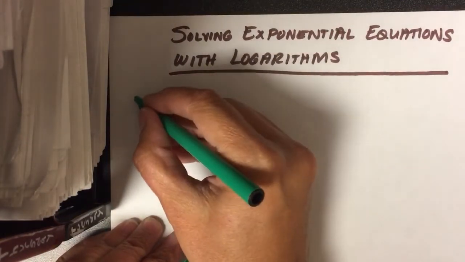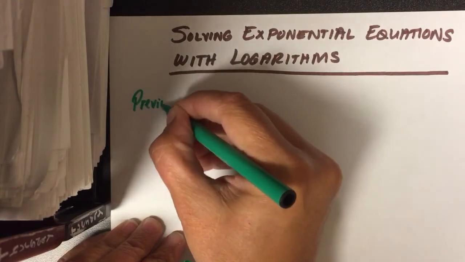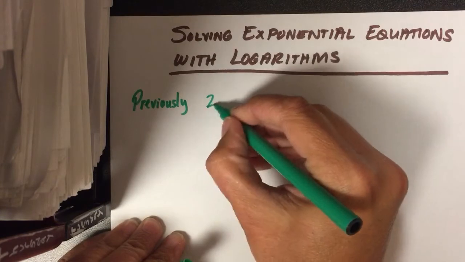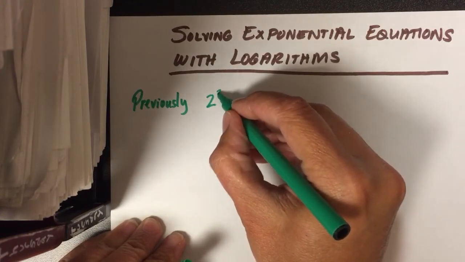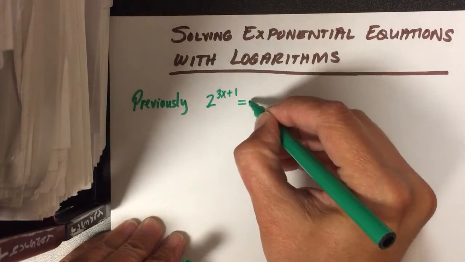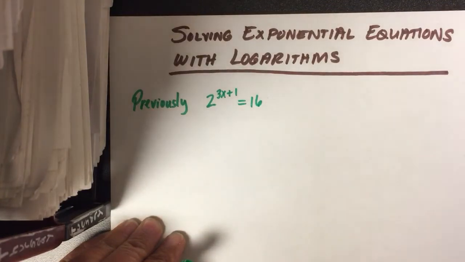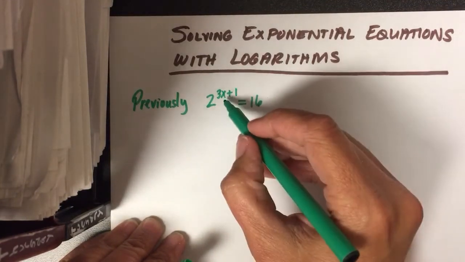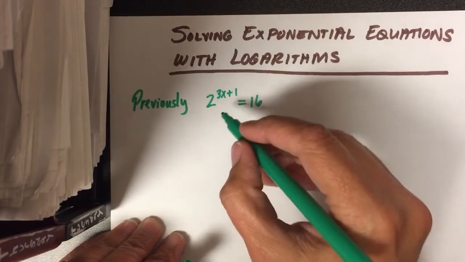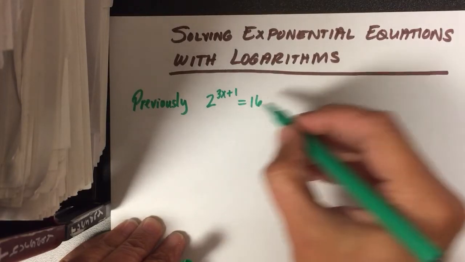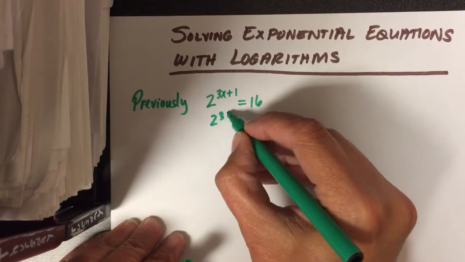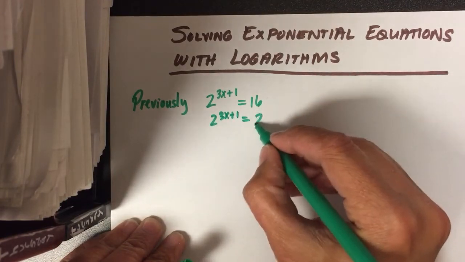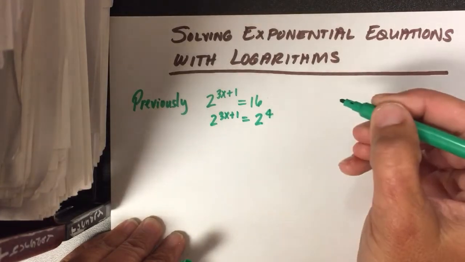What we've been working on, I'm going to put "previously," like a TV show. Previously, we would do something like this. We had 2 to the 3x plus 1 equals 16. And what we would do is we would find a common base. So the 2 to the 3x plus 1 stays the same, and we end up finding a common base, which is 2. 16 is actually 2 to the 4th.